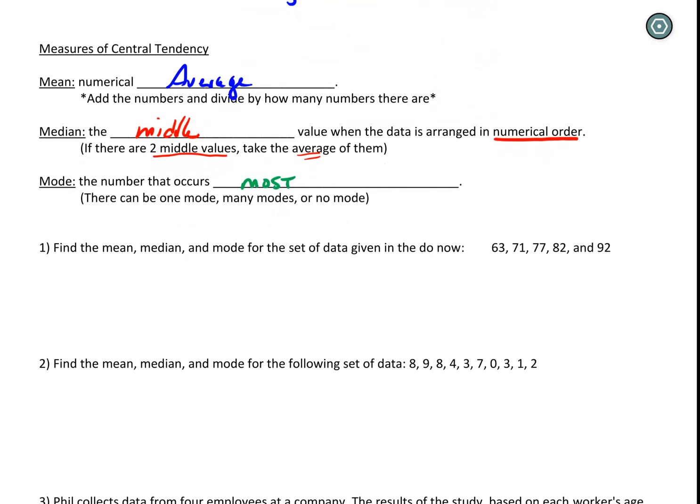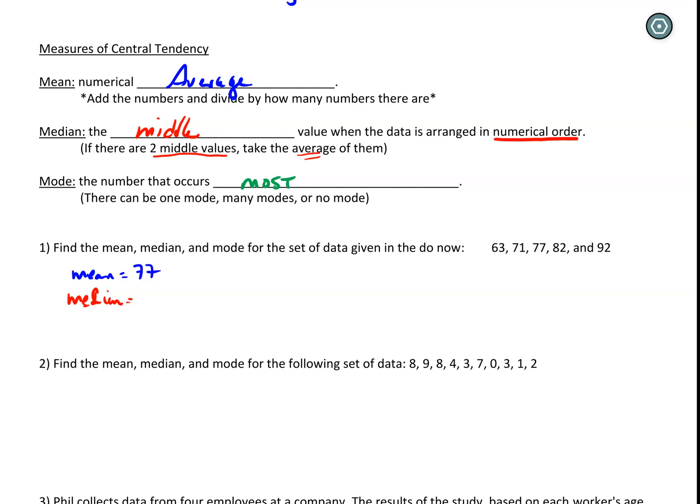So if you look at some of the examples, let's go back to the do now real quick. We already found up above that the mean, aka the average, was 77. Now the median, that's the one dealing with the middle.